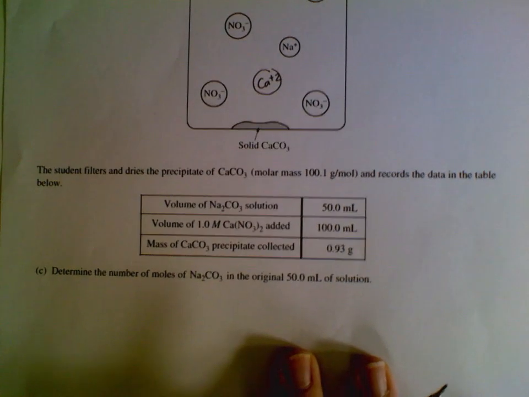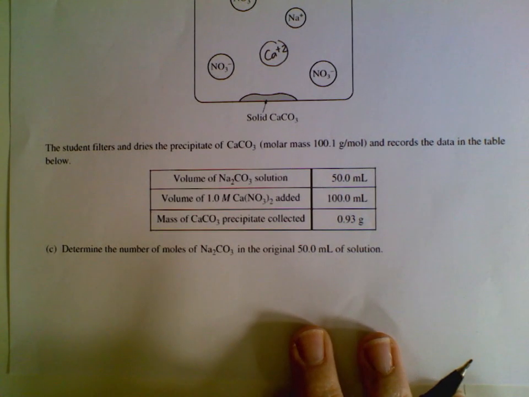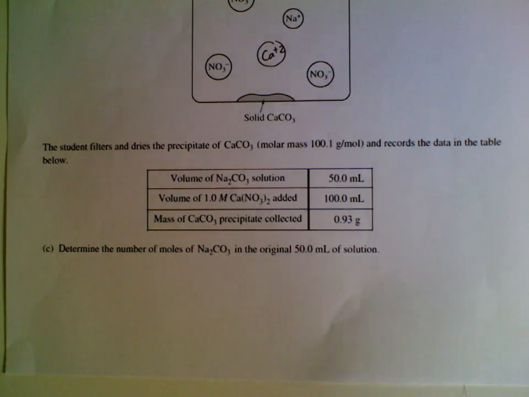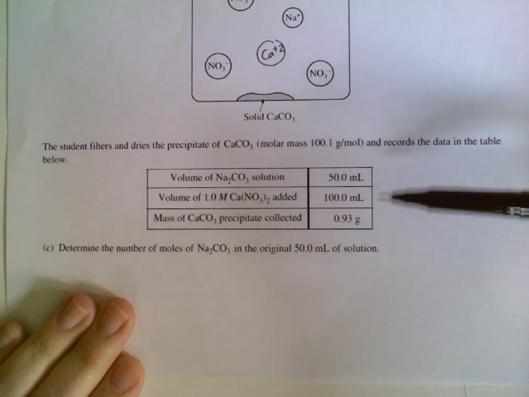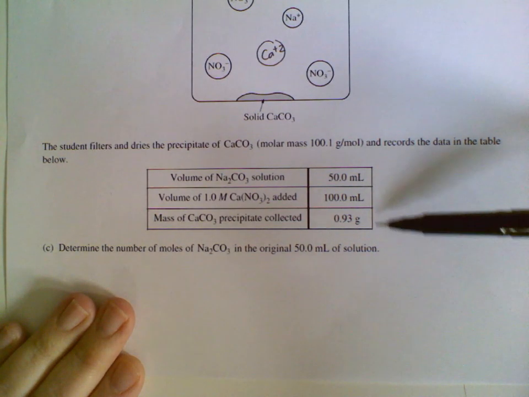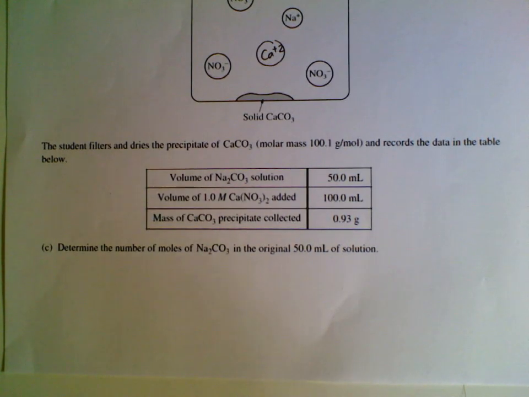Moving on to part C. It says the student filters and dries the precipitate of CaCO3, and they give you the molar mass, so that's nice, and records the data in the table below. They tell you how much of the sodium carbonate, they tell you how much of the calcium nitrate, and how much of the calcium carbonate precipitated. It says determine the number of moles of Na2CO3 in the original solution.